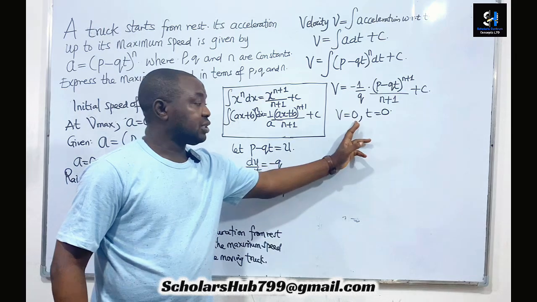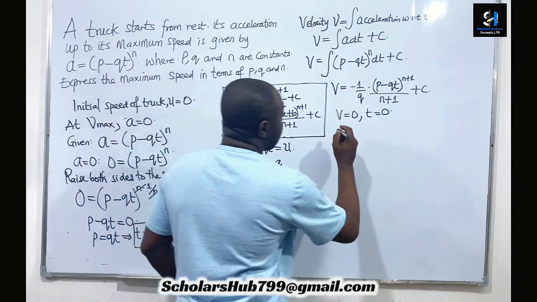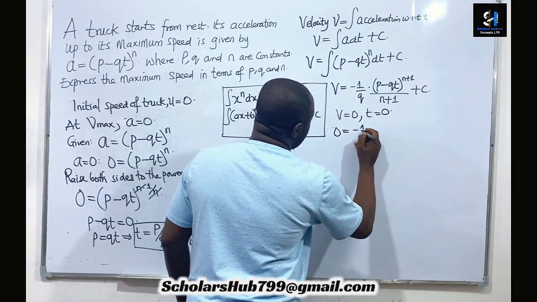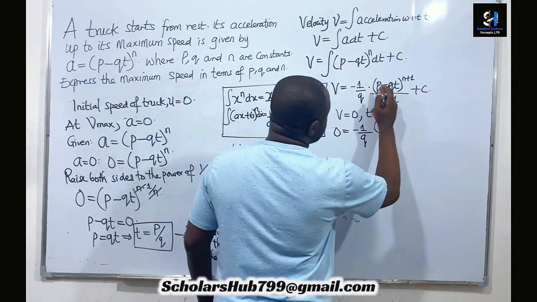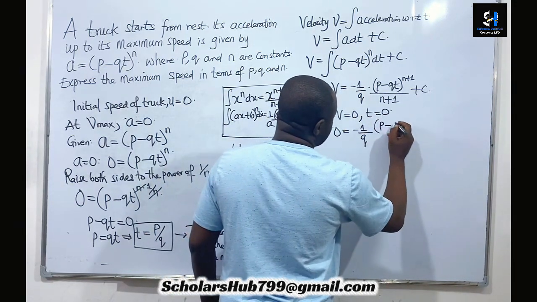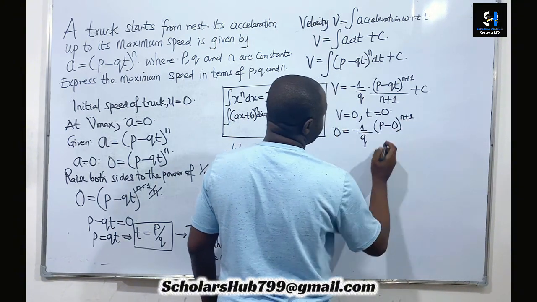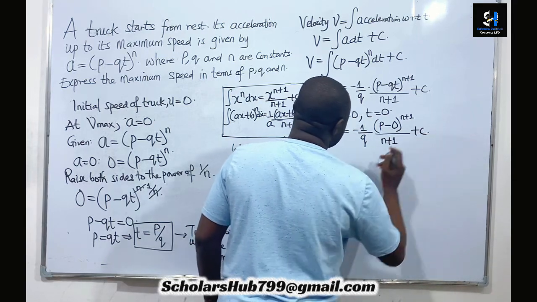So when we set v equals 0, then time t equals 0, and this is going to be 0 equals minus 1 over q, parentheses p minus 0 raised to the power of n plus 1, divided by n plus 1, then plus c.